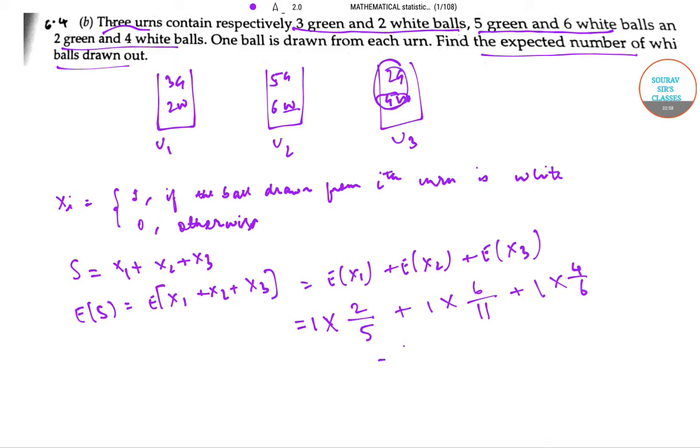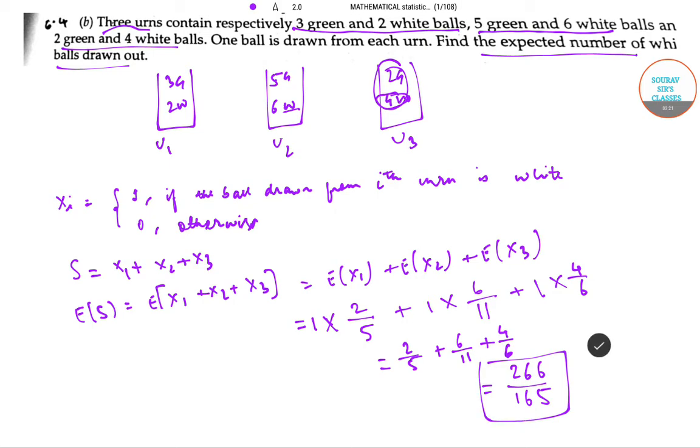So this comes out to be 2 by 5 plus 6 by 11 plus 4 by 6, and summing this and simplifying it, it comes out to be 266 by 165. Therefore, the expected number of white balls drawn out is 266 by 165.